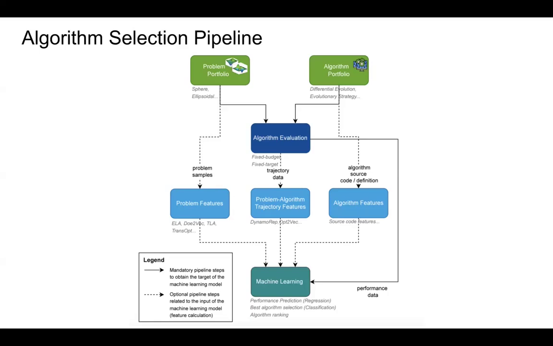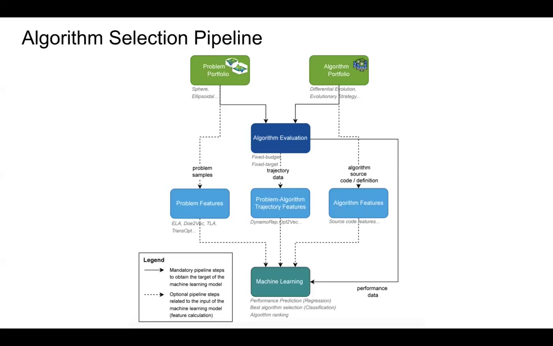Then the first step is to actually obtain performance data for each problem. We do this by running the algorithm on a given problem and measuring its performance. Then we want to train a machine learning model which, given some representation of a problem, will predict the performance of different algorithms for this problem, so that you can then choose which is the best one for that particular problem.